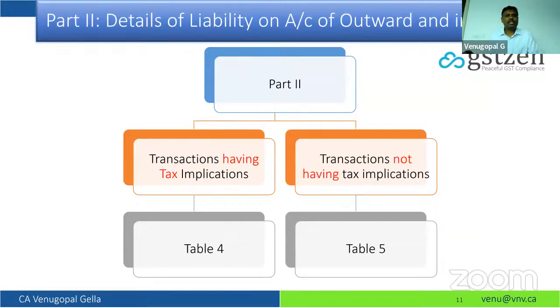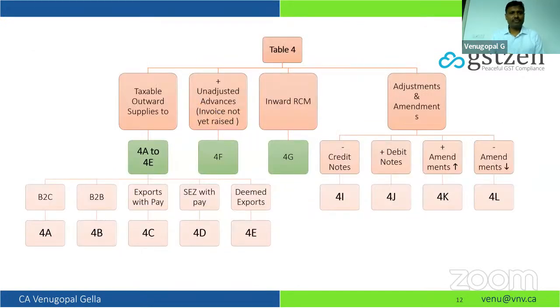The turnover in GST is reported in two tables, table 4 and table 5. In table 4, if you have transactions where the tax is applicable, you will report there. If there are transactions where the tax is not applicable, you will report in table 5. In table 4, the ones highlighted in green are very important. Table 4A to 4E is where you will report all your turnover. 4A is B2C, 4B is B2B.